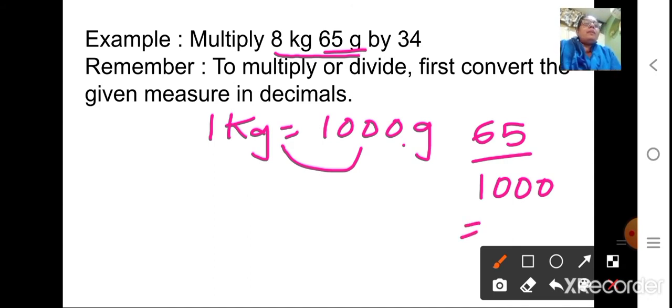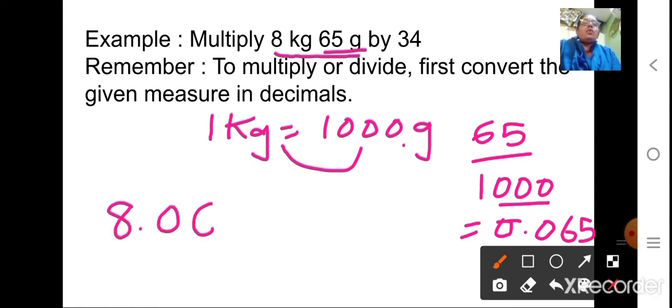So your answer will be 0.065. Correct? After 3 decimal places, you place the decimal point. Now, when you are writing using the decimal point, your number will be 8.065, and that will be multiplied by 34.